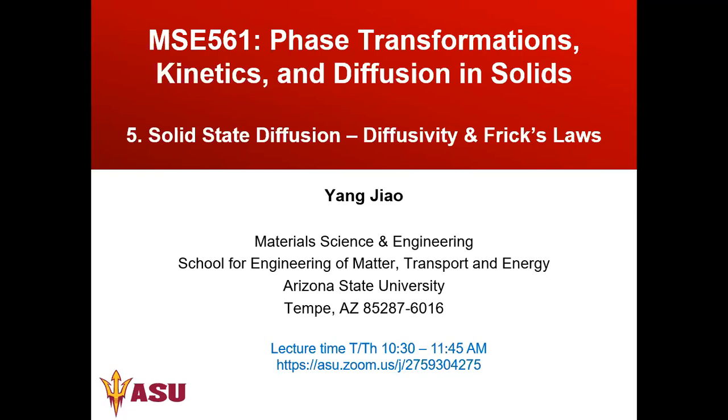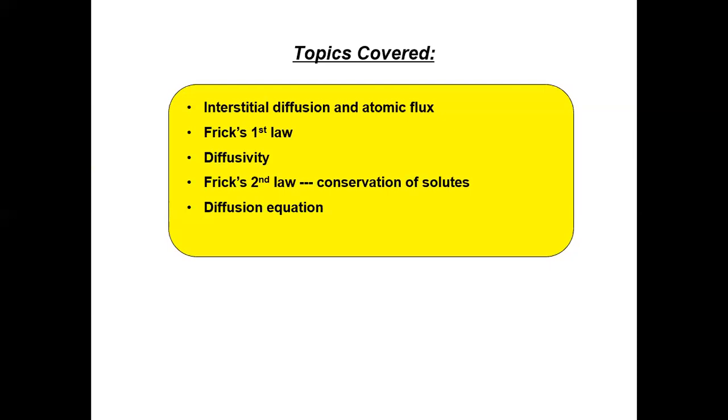So today is an introductory lecture about diffusion. I think most of the topics we're going to introduce today, you have probably seen before. So we're going to talk about interstitial diffusion. This is probably the most simple type of diffusion in the solid state. And using this background, keeping interstitial diffusion in mind, we're going to use this mechanism to derive the so-called Fick's first law, which you definitely have seen before in different contexts.